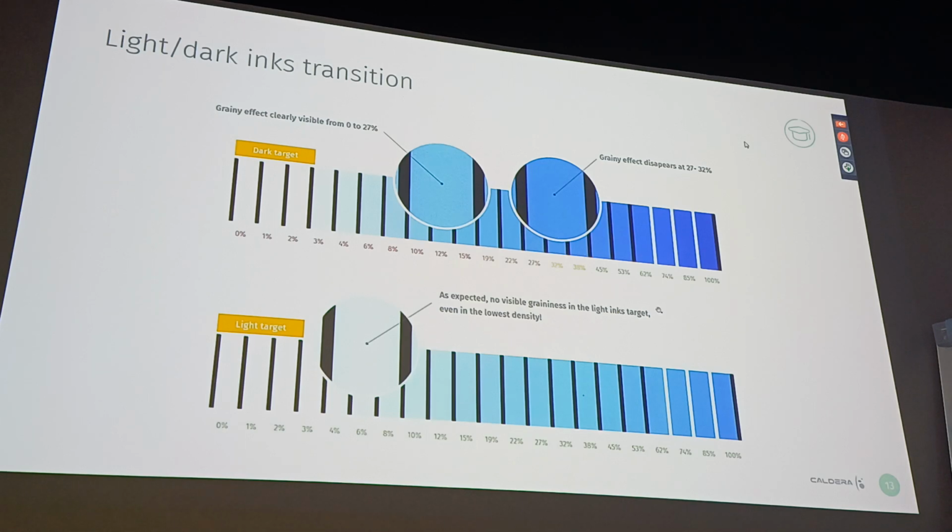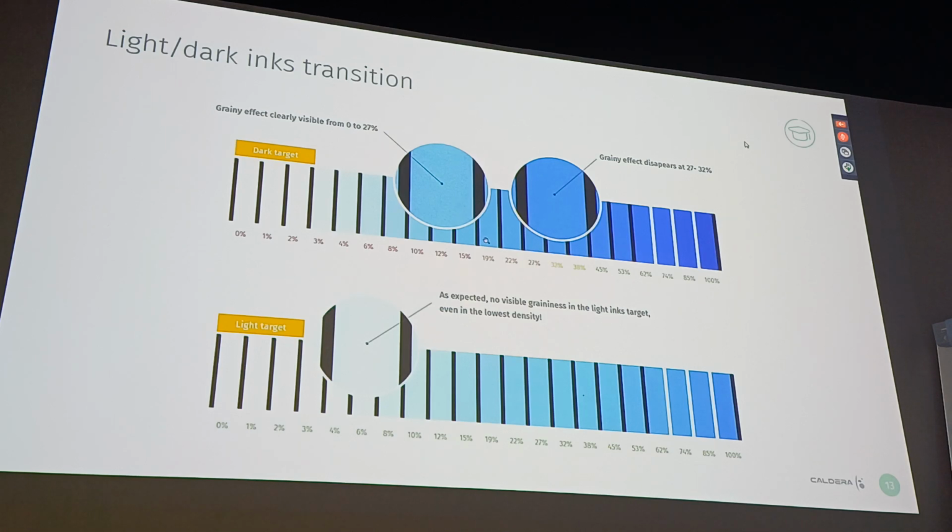I've just focused here on the cyan, but it will be the same principle for light magenta and light black, of course. What I suggest you do is take a look at the dark target you printed previously, and spot the patches where you can see a grainy effect. In this situation, we can clearly see that from 0 up to 27 or 32%, we can see a grainy effect.